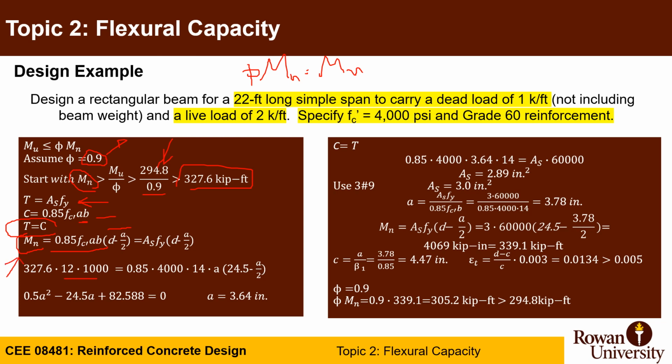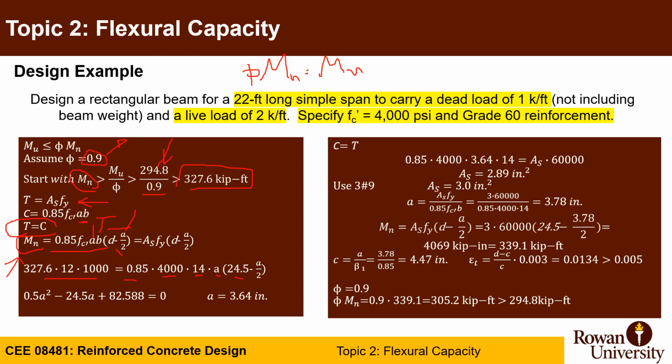You have the value Mn here. You can multiply times 12 to convert it to inches, and times 1,000 to make it pound inches. In this equation, you can see A is unknown, but B you just calculated as 14. D you just calculated as 24.5. F prime C is given as 4,000 psi, so you put 0.85 times F prime C, 4,000 psi, times B times A times 24.5 minus A over 2.